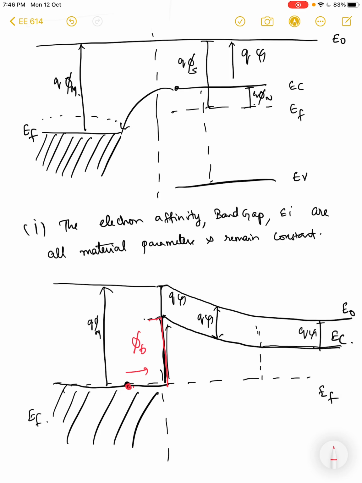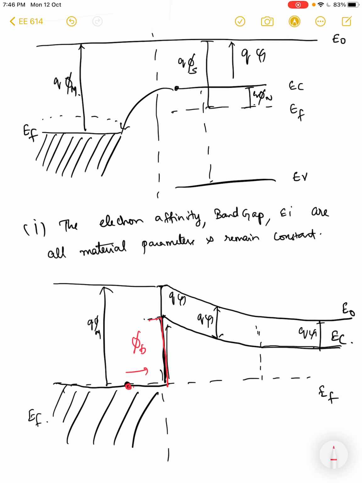Dx square is basically dE by dx is rho by epsilon, right? This is what we have seen, epsilon s as a semiconductor, and this rho we know we can write as q by epsilon once again by nd plus, minus n plus holes plus na minus, and all of these things are very small in comparison to the nd, and we have taken it to be an abrupt junction, so it is all going to be spatially independent, right?